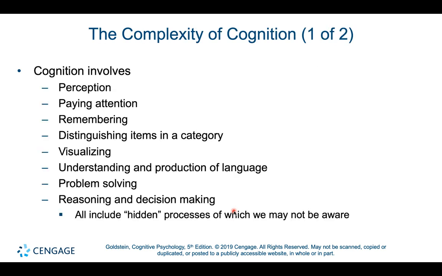So first, what are some of the things involved in cognitive psychology? It's a relatively focused, but then again, relatively broad field, right? So cognition is basically what your brain does. Cognitive psychology doesn't necessarily study the brain itself.